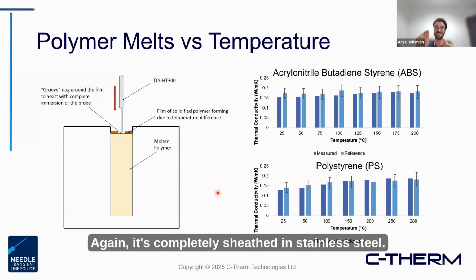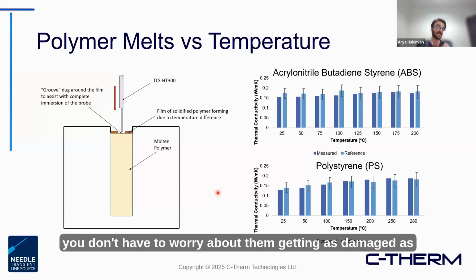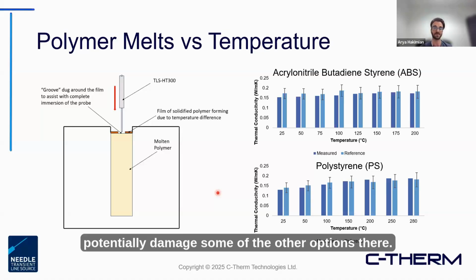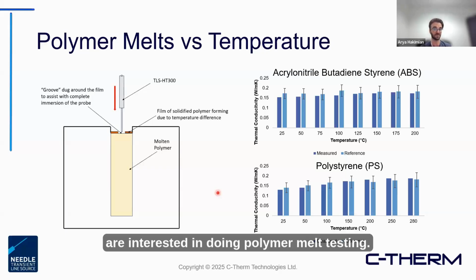Again, it's completely sheathed in stainless steel. So unlike some of those other sensor types, you don't have to worry about them getting damaged as easily. So it's very easy to get in and out of those solutions. You can clean it with some quite aggressive solvents that may potentially damage some of the other options there. So certainly something to take a look at if you are interested in doing polymer melt testing.